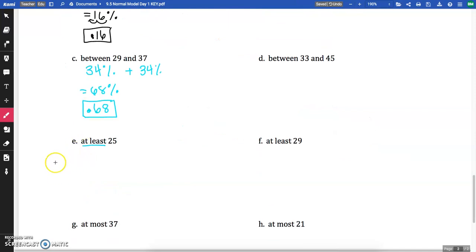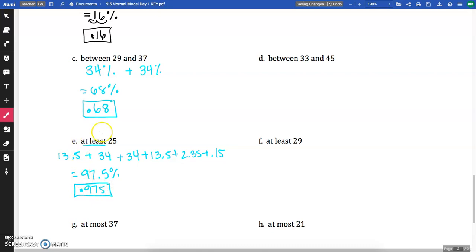Okay, so I'm going to add up all the percentages to the right. 13.5 plus 34 plus 34 plus 13.5 plus 2.35 plus 0.15. That's everything to the right of 25. 97.5%. But as a decimal, it'd be 0.975, meaning the probability is 0.975 that you pick a value and it's at least 25.